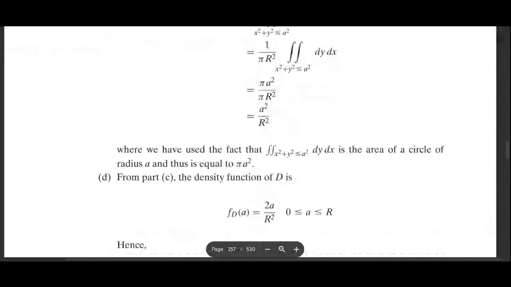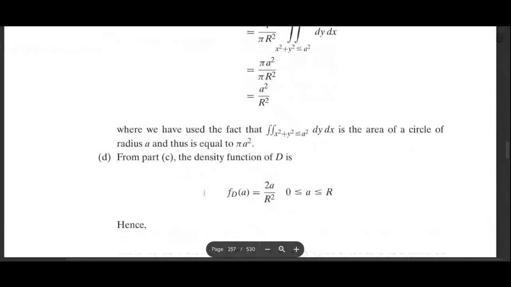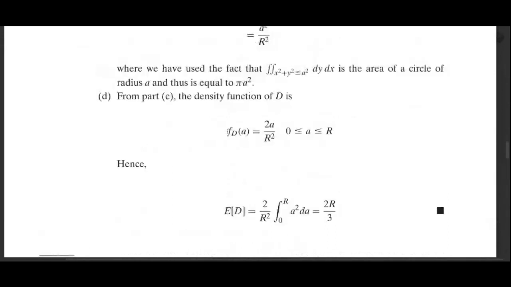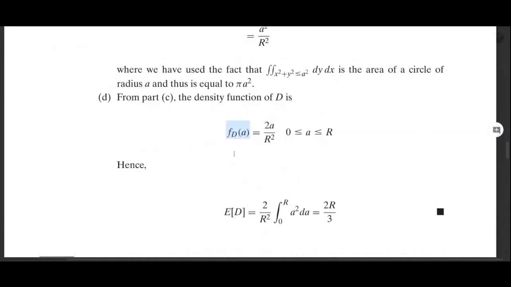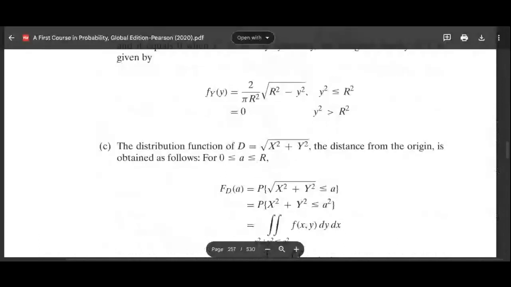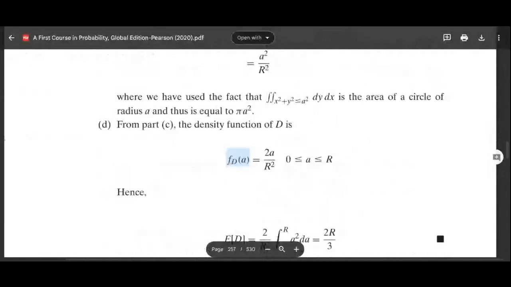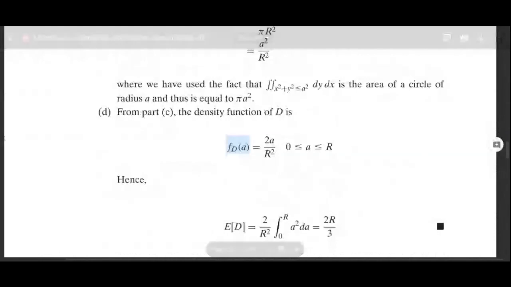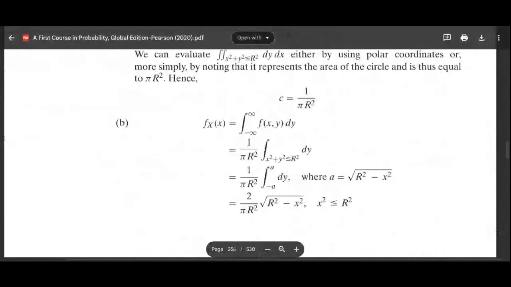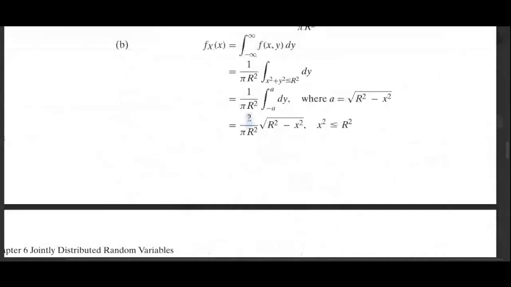Okay, last one, we want to calculate the expected value. From C, we also get the density function of D, f_D(a), equals 2a over r squared.